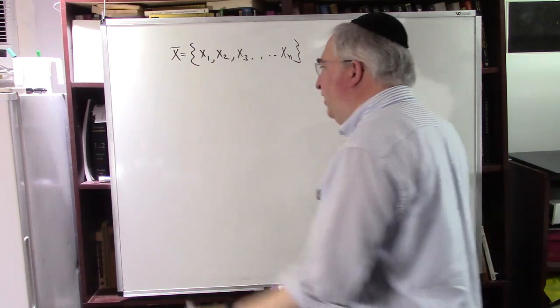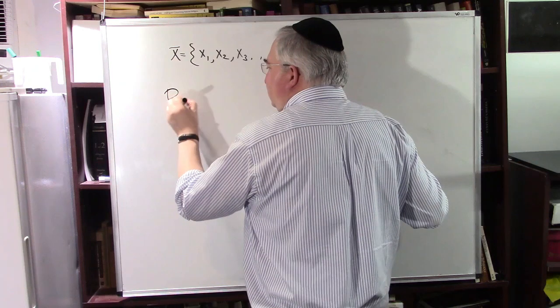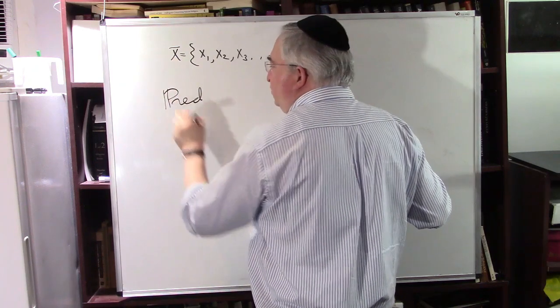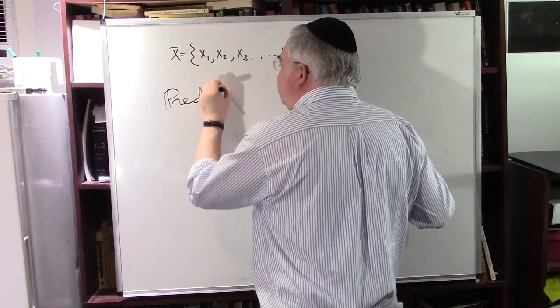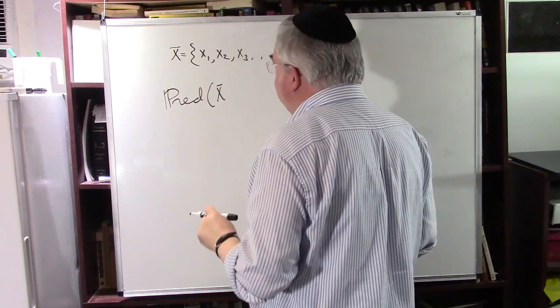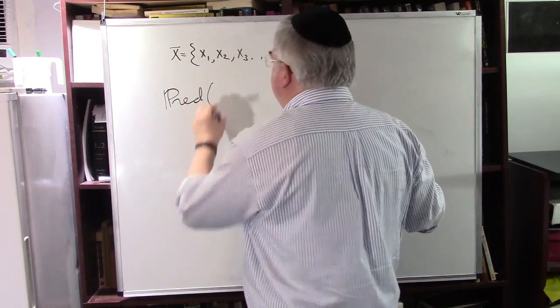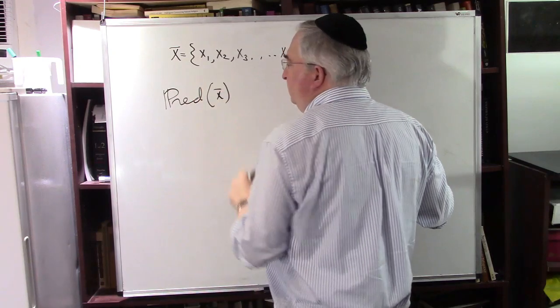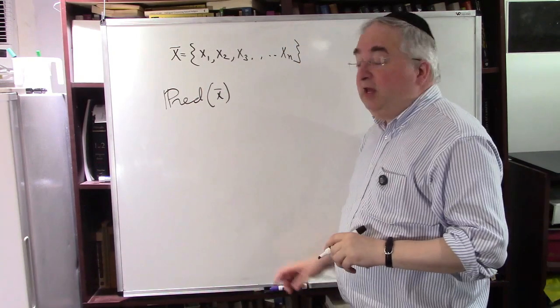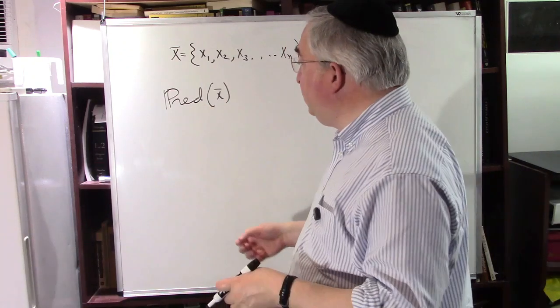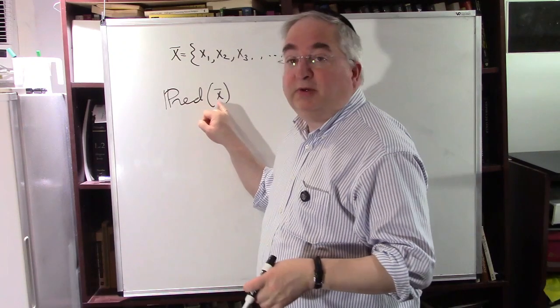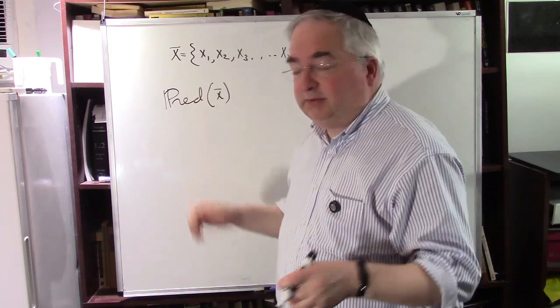And then we form the following thing. Predicate, instead of proposition, we call them predicate, but they have variables. X bar. Okay, so let's say what these are. These are predicates, okay? The objects are predicates that have free variables in X bar, as much as you want.